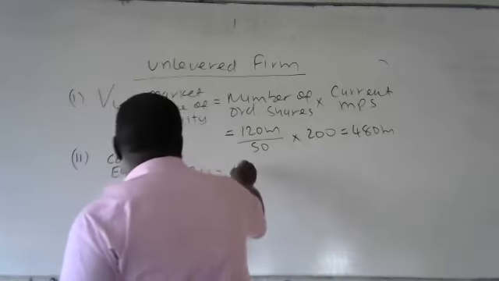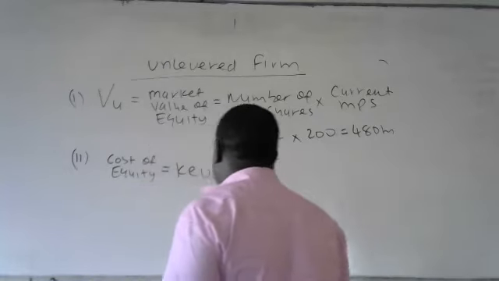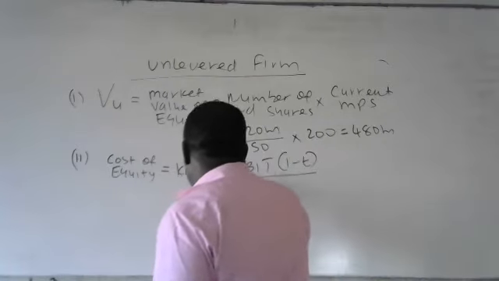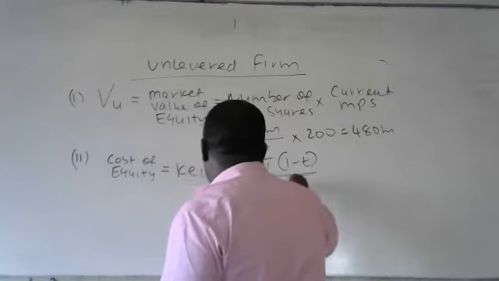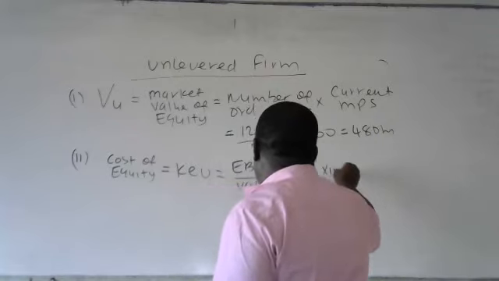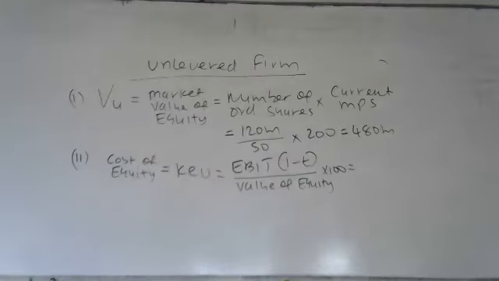So it is given by earnings before interest and tax, times 1 minus the tax rate, divided by the value of equity. Then we express that figure as a percentage.